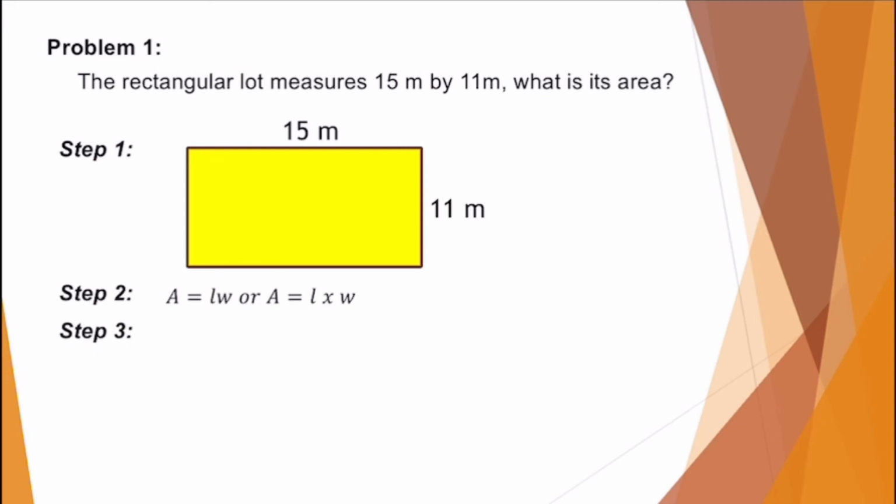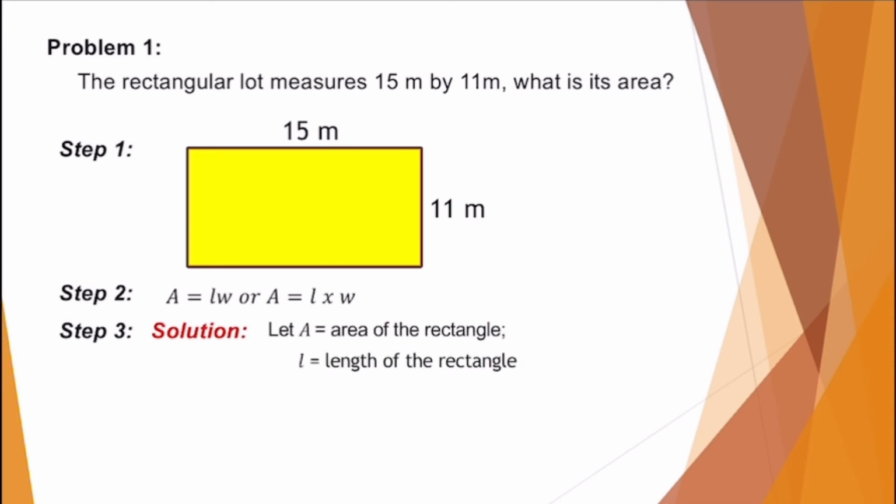For our step 3, for our solution, let A be the area of the rectangle, L the length of the rectangle, and W the width of the rectangle. So let's apply the formula for the area of the rectangle. Next, let's substitute the given.